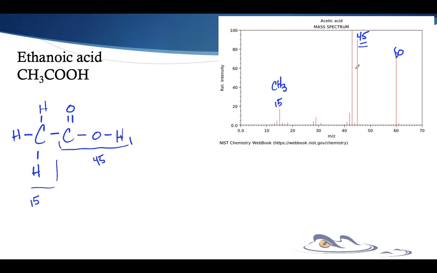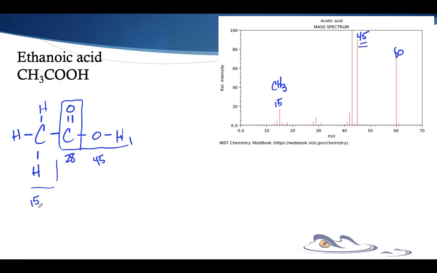There are other pieces too, like this really big one at 43. What's that? Can I make sense out of that? Well, let's see. If I have 43, here's 15. And then the C and the O here, if I put these two together, the C and the O is 12 and 16, so this piece here is 28, right?